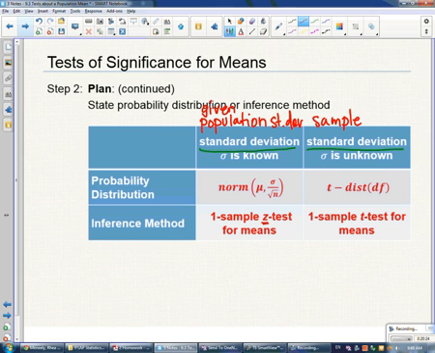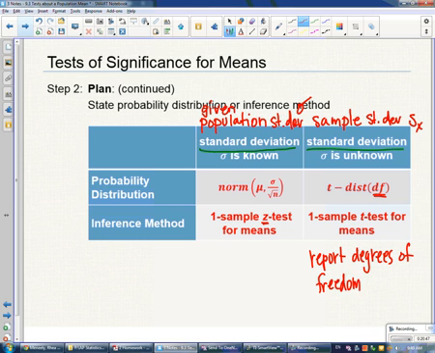If you're given the sample standard deviation, that would be your S sub x versus your sigma, then you must use a T-distribution. And with the T-distribution, you must report the degrees of freedom. And that's what that DF refers to.